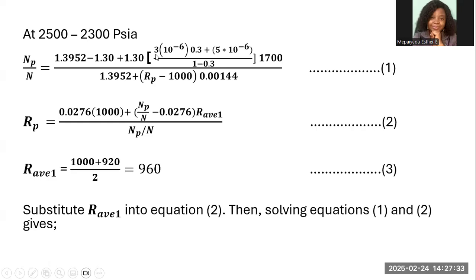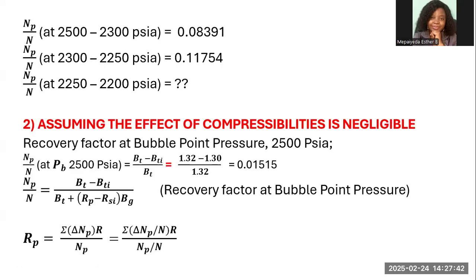So if you rearrange and then solve for the equation, you will have your NP over N between 2500 to 2300 as 0.08391. At 2300 to 2250, you will have 0.11754. So you try out 2250 and 2200.